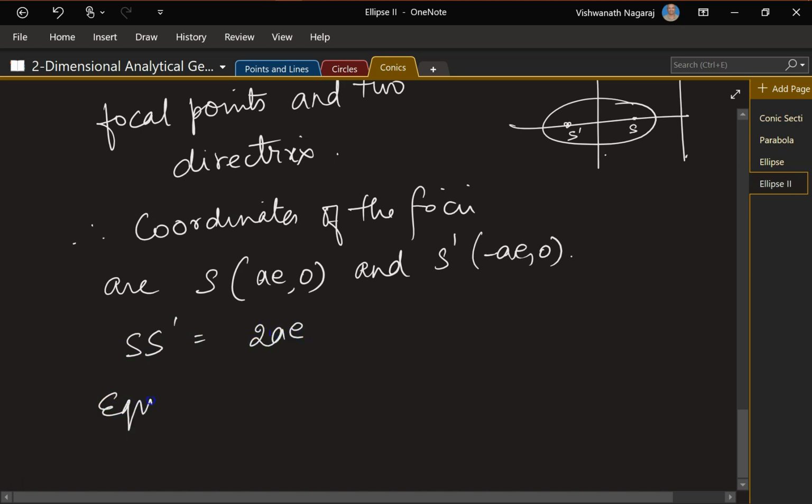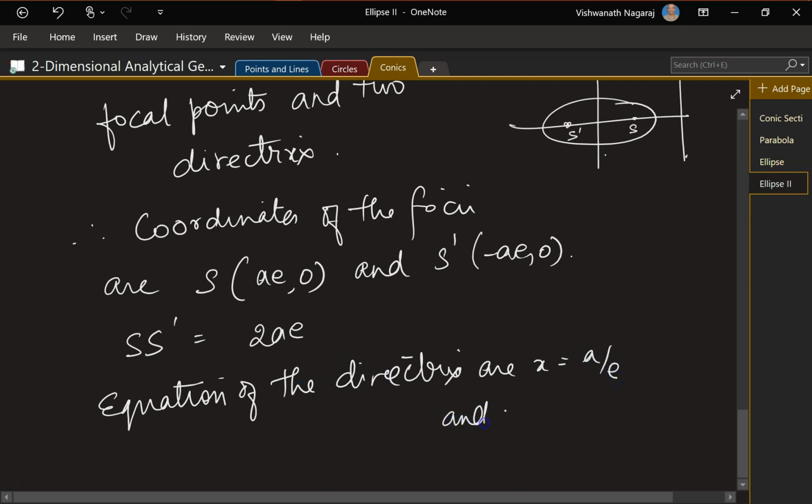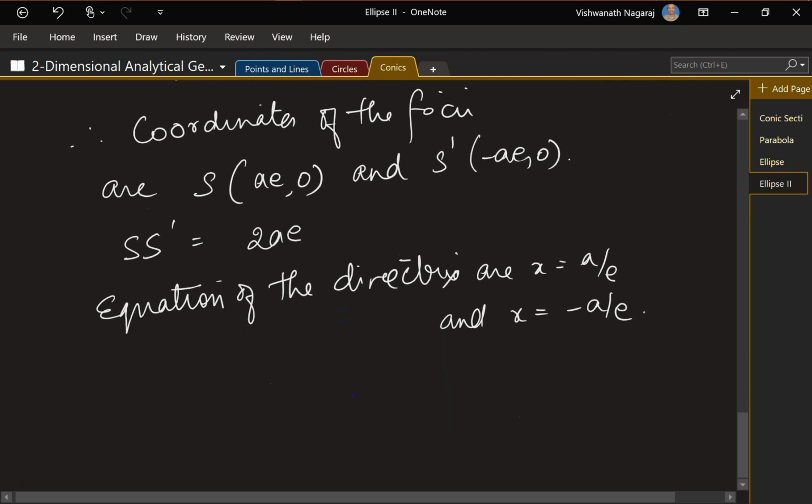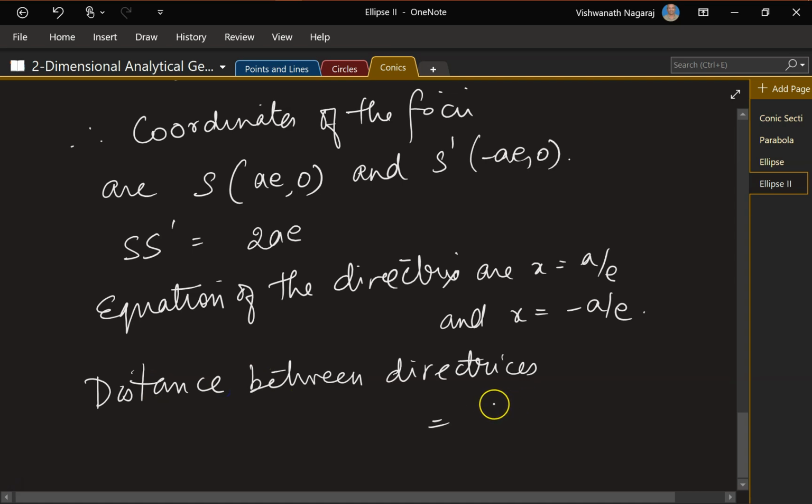And the equations of the directrices are going to be x equal to a by e and x equal to minus a by e. And the distance between these directrices is going to be 2a by e.